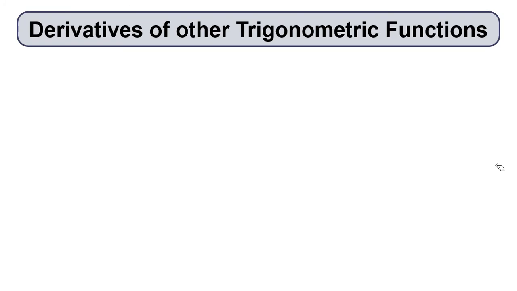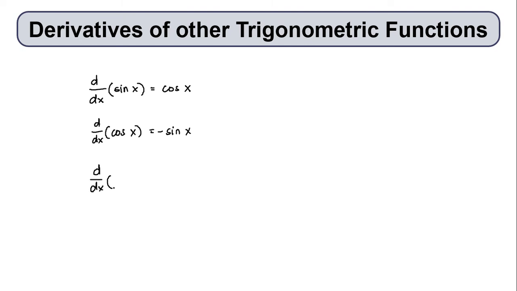Now, let's go on to the derivatives ng other trigonometric functions. Pero bago yan, sulat ko lang muna dito yung derivative. Yung derivative with respect to x ng sine x equal yan sa cosine of x. At yung derivative with respect to x ng cosine of x, it is equal to negative sine of x. And yung last natin sinolve, yung derivative with respect to x ng tangent x equal yan sa secant squared of x.